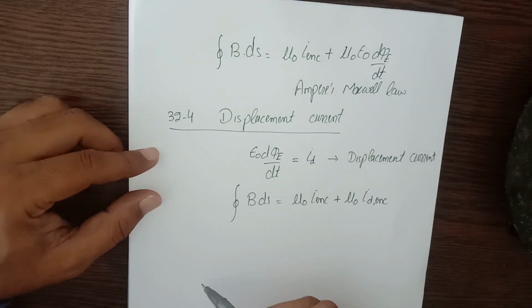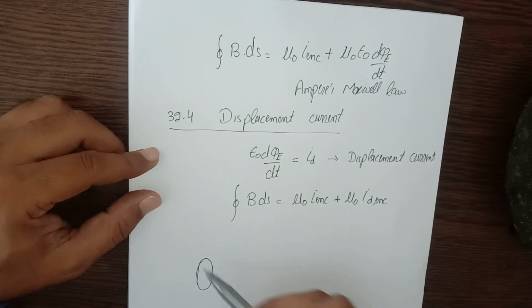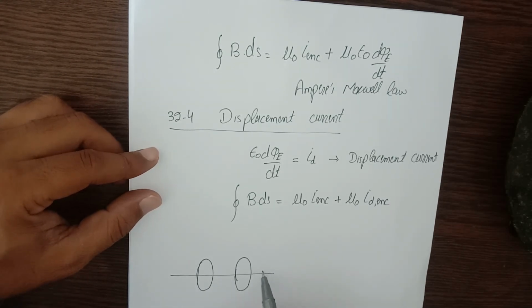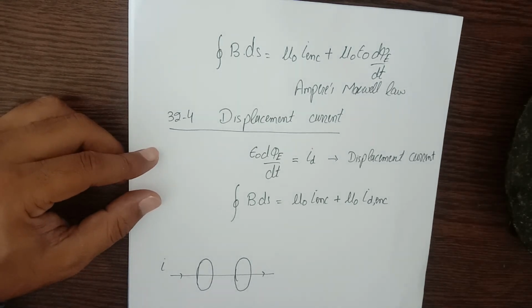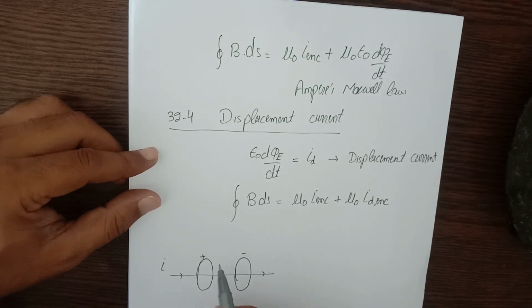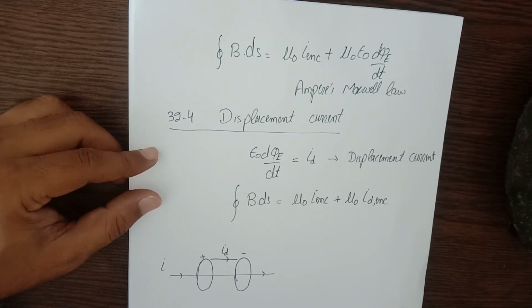Let's consider two circular capacitors, and the current I is flowing through this capacitor, and the displacement current due to this positive and negative plate, this would be my displacement current that is flowing through this capacitor.